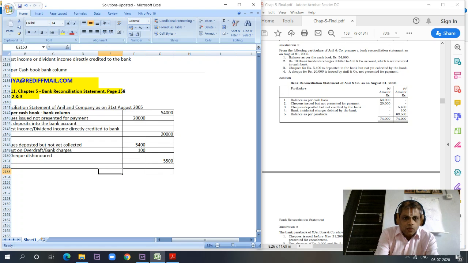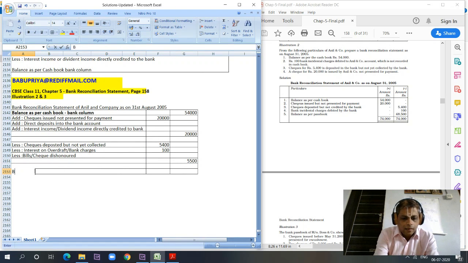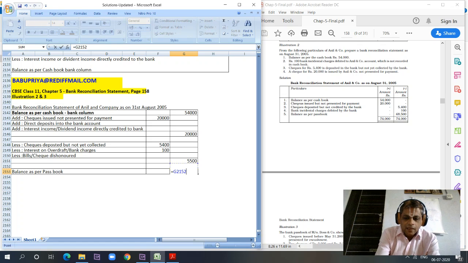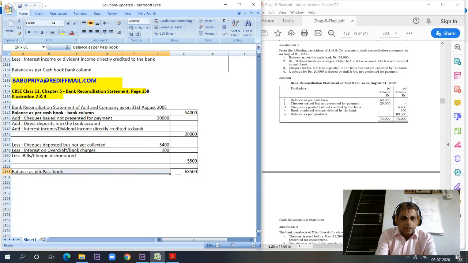So balance as per passbook is equal to as per cash book plus items that got added minus that needs to be reduced. Balance as per passbook is equal to 68,500. Hope this is clear, right?